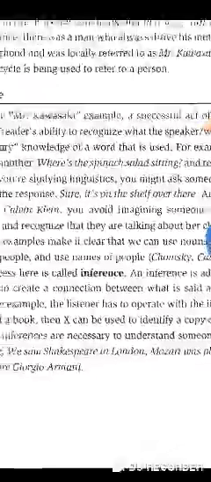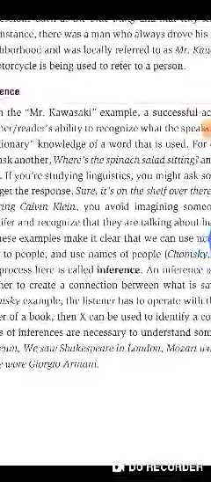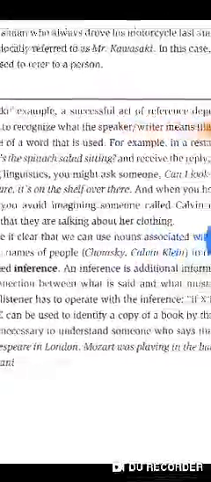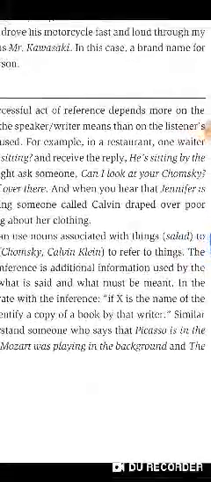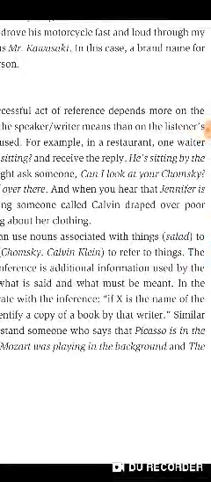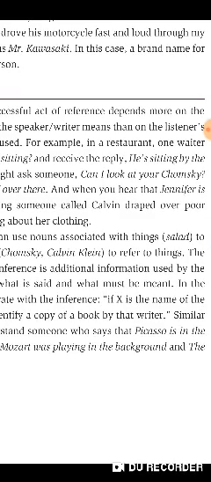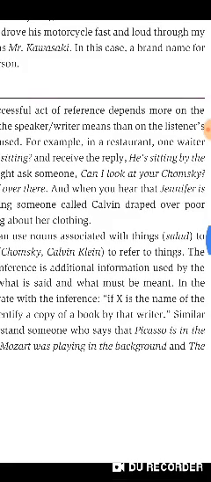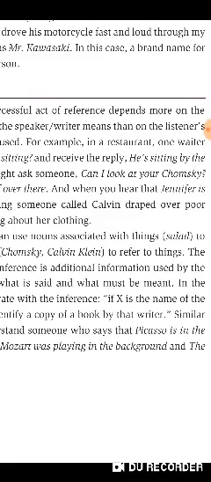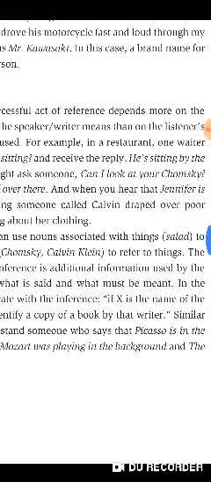Or there are other examples here. Suppose that somebody says, can I look at your Chomsky? Can I look at your Chomsky? I'm changing it to something else. Can I look at your Shakespeare? Can I look at your Shakespeare? What does it mean?